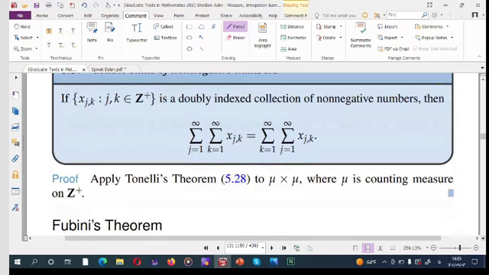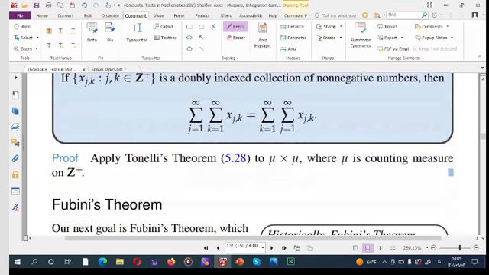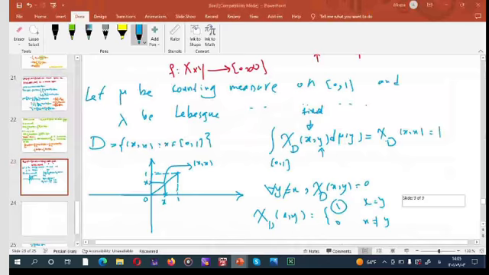Let's see its proof. Apply Tonelli's theorem to mu times mu, where mu is counting measure on Z plus, the positive integers. Okay, integers.